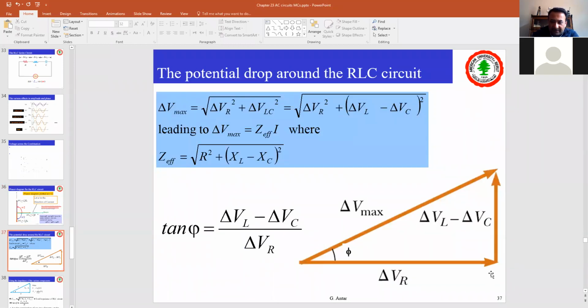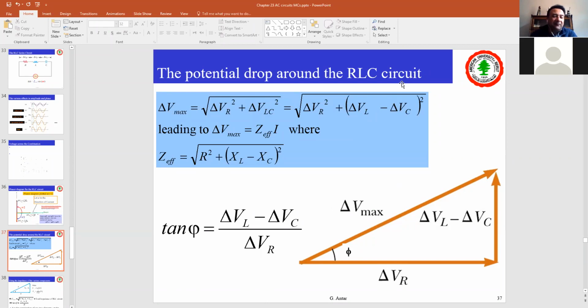So this is one arrow like this, and this is delta VR here, and thus delta V around the power supply is going to be this one here, delta V. So once again, I'm going to use Pythagoras. That is delta V squared equals delta VR squared plus delta VLC squared, which just means delta VL minus delta VC, the whole thing squared.